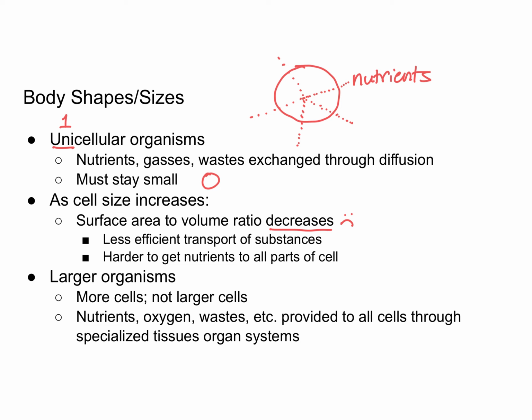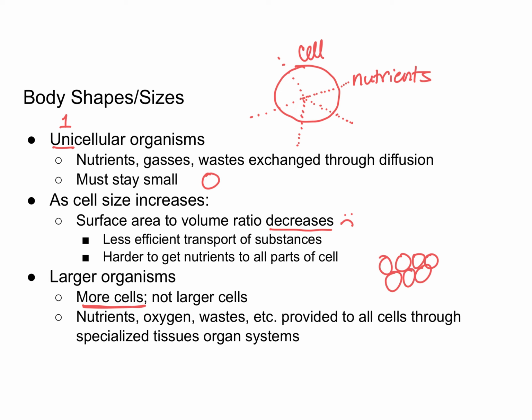So this limit with the surface area to volume ratio means that larger organisms have to be made of more cells, not larger cells. All right, so as an organism gets bigger, there's a limit to how big that cell can get. And so instead, there have to be multiple cells.